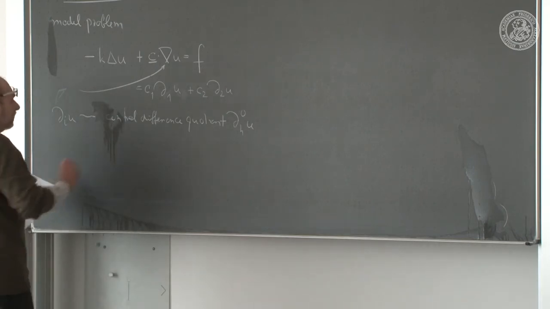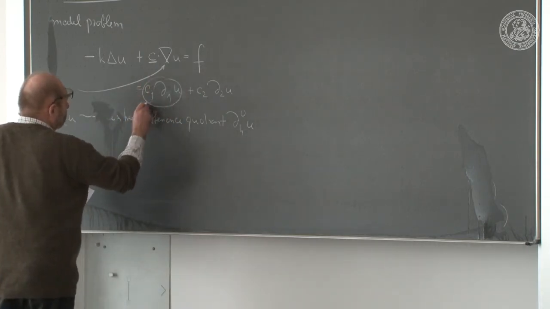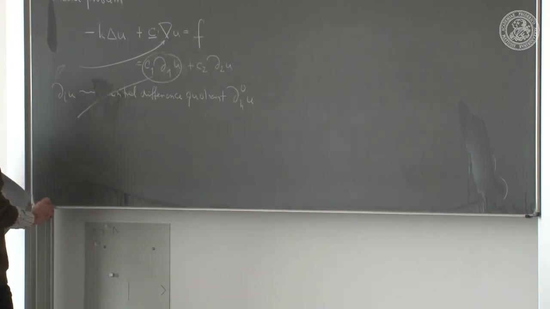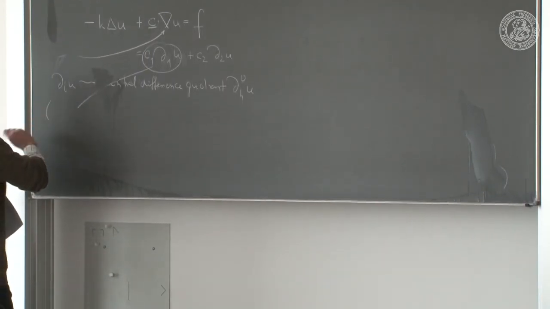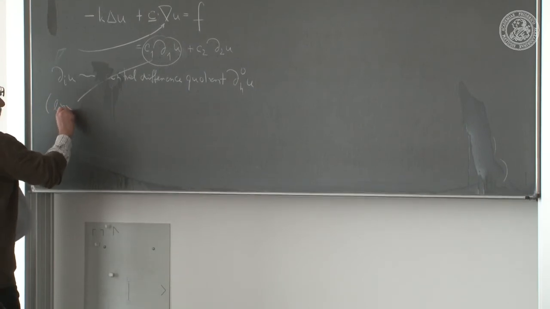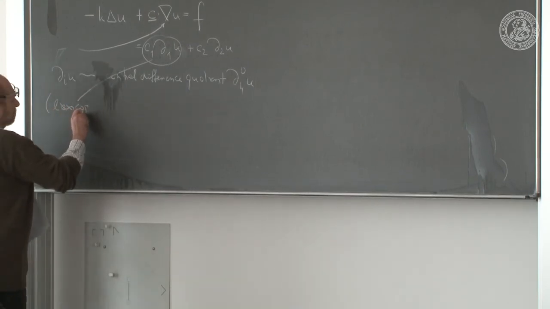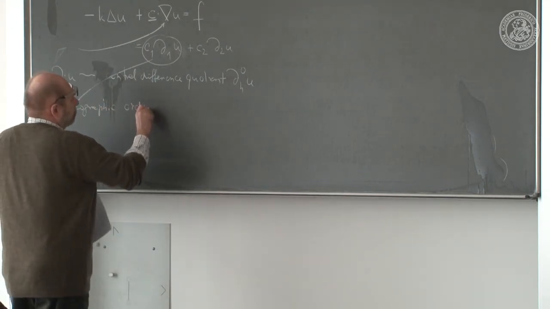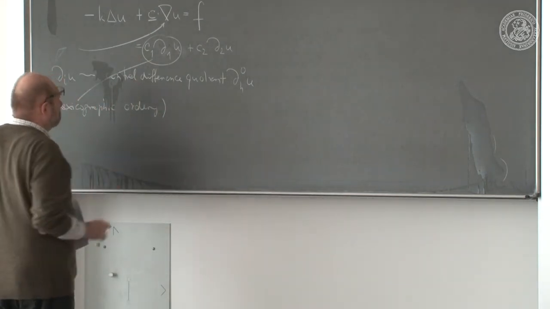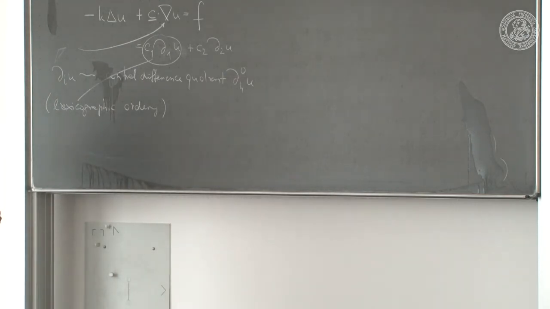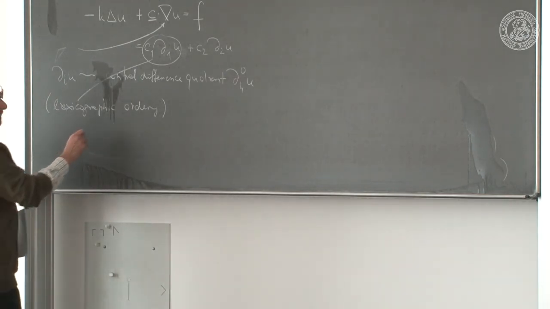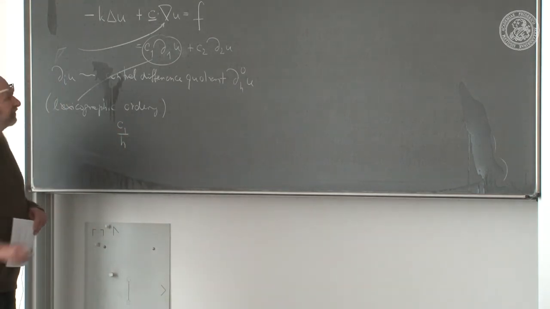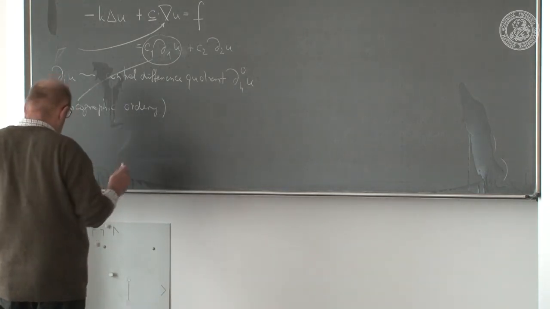What does that mean for the matrix? Let's assume we have the lexicographic ordering, and look at this term here. What entries do we get in this term? We get nothing at the diagonal.